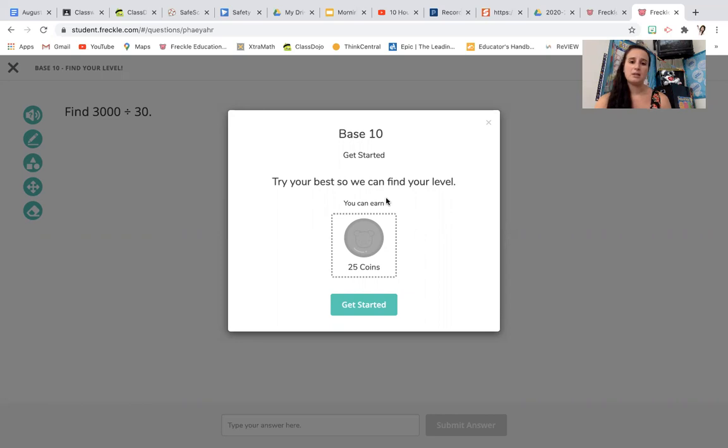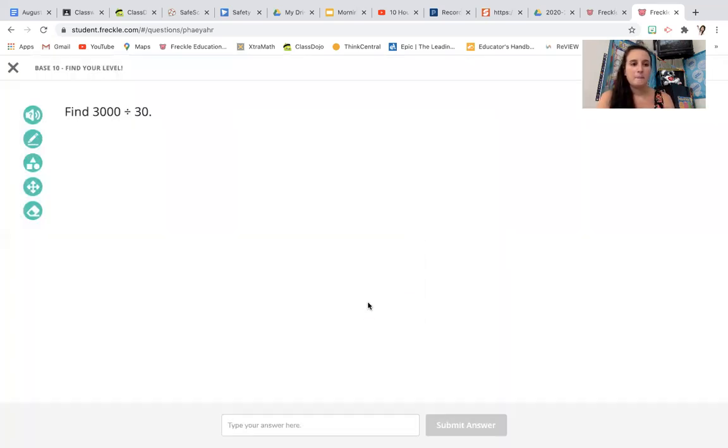So hopefully that clears things up a little bit. So when I press get started, it's going to give me a question. And so again, if you get it wrong, then it'll probably bump it down. If you get it right, it might bump it up or keep it the same. And then once you finish this pre-assessment, the problems will be more geared toward your level. Okay, so hopefully that makes sense.